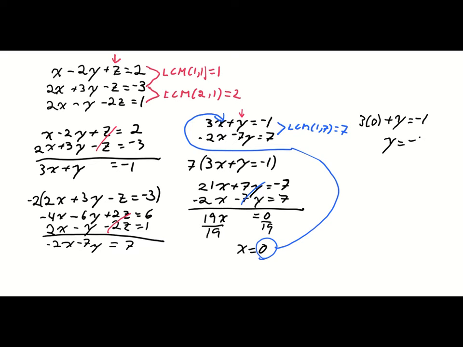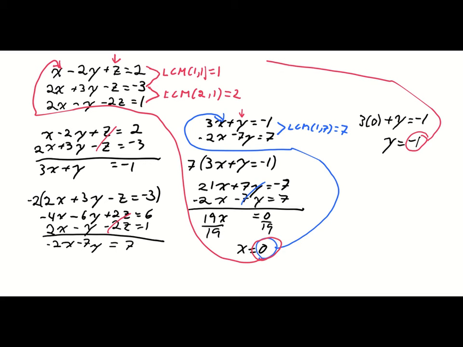So our last step is then we're going to take the 0 for x and the -1 for y and plug them both into one of the original equations that we started with. And it doesn't matter which one, they will all work. I'm going to pick the first one, plugging in both the x and the y.